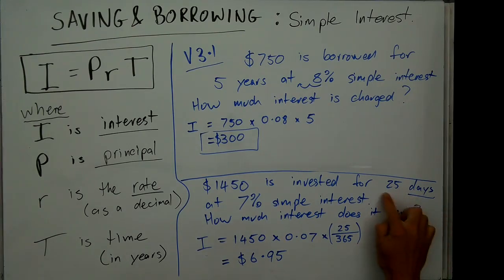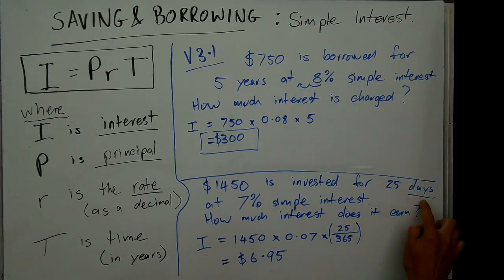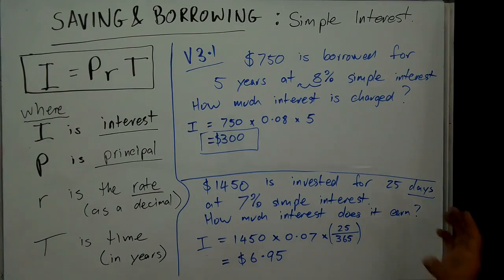Okay, and this thing where we've got days kind of relates to how when we have a bank account, at the end of the year, they will pay each person an amount of interest, and that's calculated on how much money you had in the account and how long it was there for.